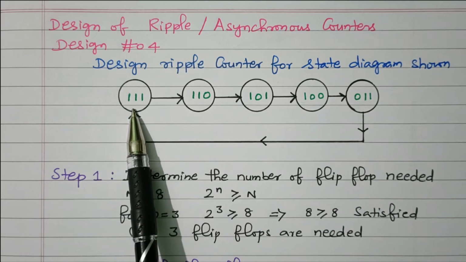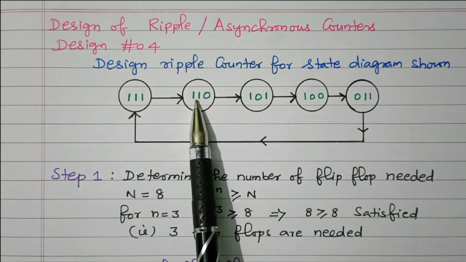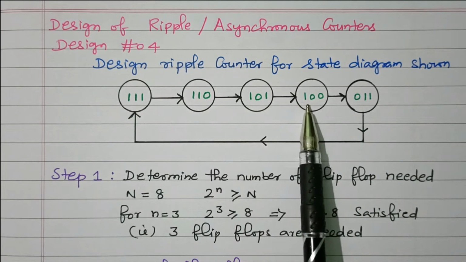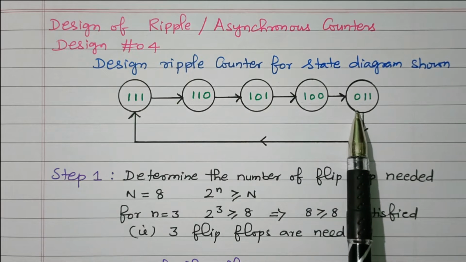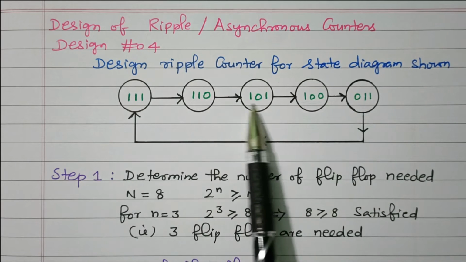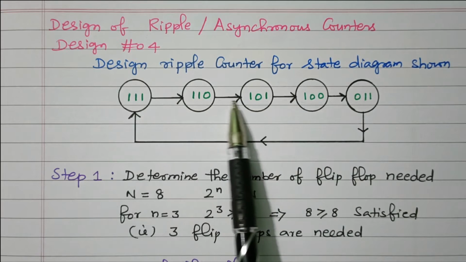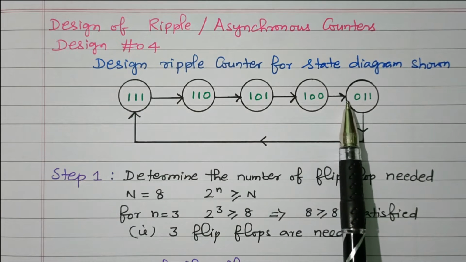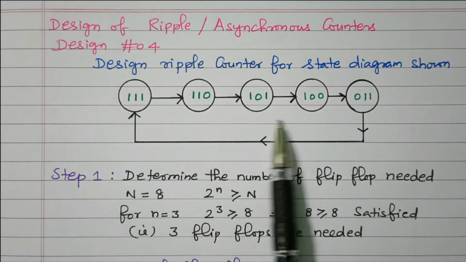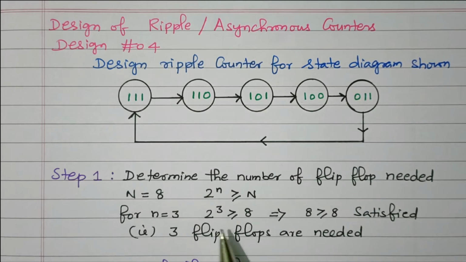It is also clear that it is a down counter. You start from 111 and keep on reducing: 110, 101, 100, 011. So this is a 3-bit counter. 8 states are there, but in the state diagram only 5 states are available. The remaining 3 states we need to disable, and it is also a down counter.